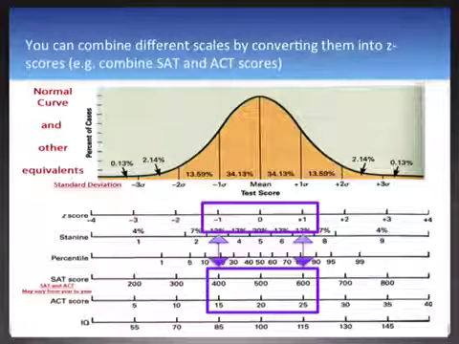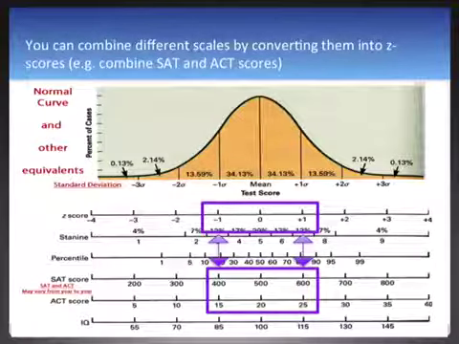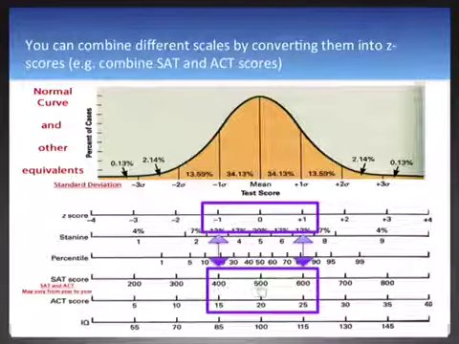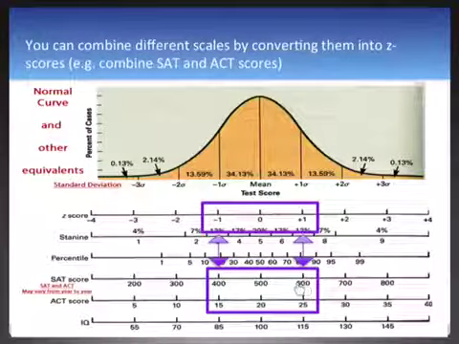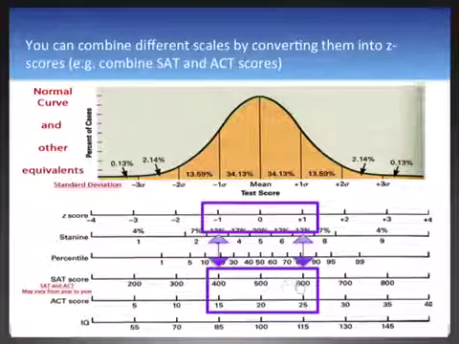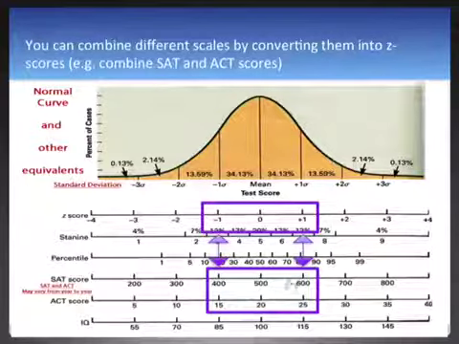is the same. So here, a similar example, let's say SAT scores, on a scale that has a mean of 500, and then we see one standard deviation below is 400, one standard deviation above is 600, so the difference here is 100 points, which means that one standard deviation is 100 points.